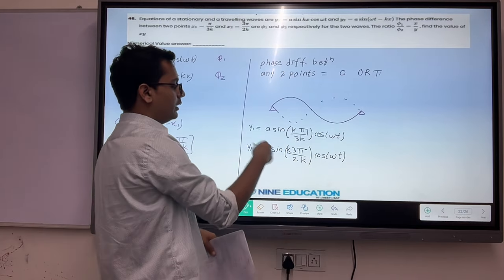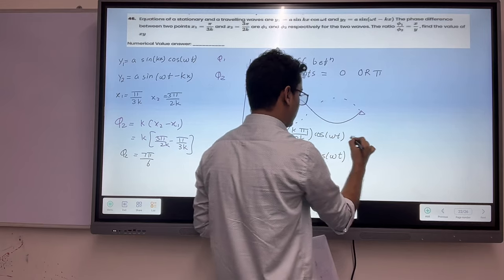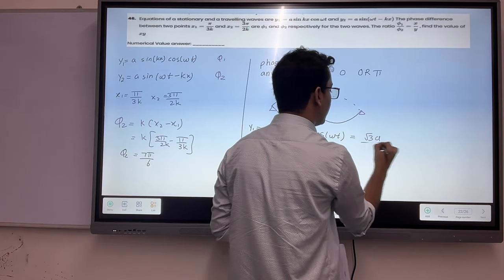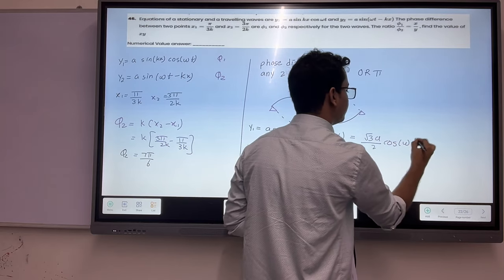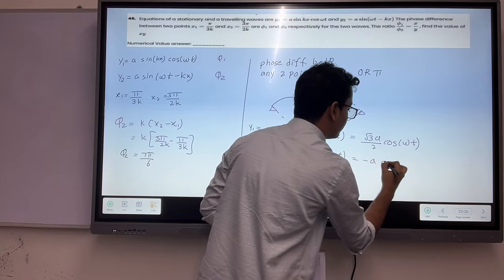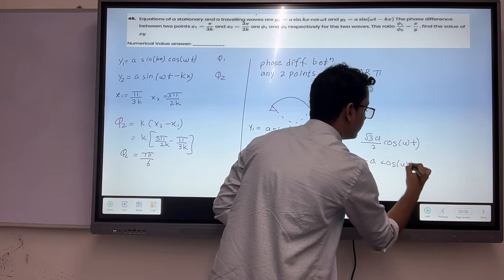You can see this is nothing but sine of pi by 3. What is sine of pi by 3? Root 3 a by 2 cos omega t.